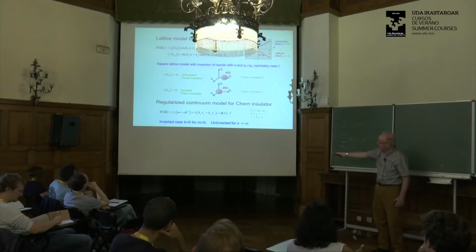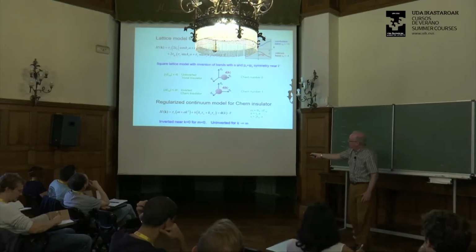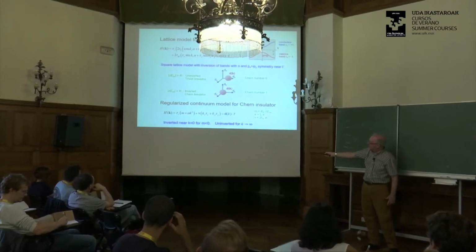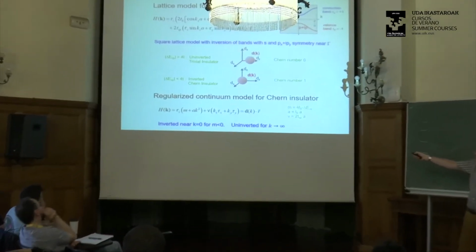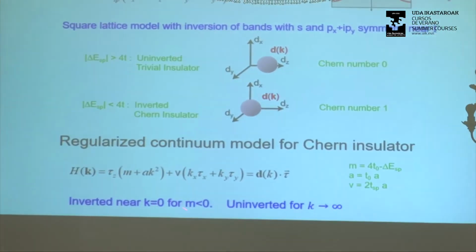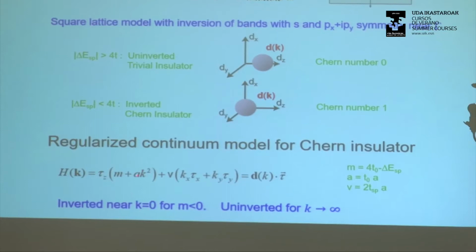Okay, and so in this model, again, you can analyze it like this, and you can see that when m is positive, then it's going to look like this. Now, it's important that I kept this k squared term so that when k is large, I know that the tau z term becomes positive.